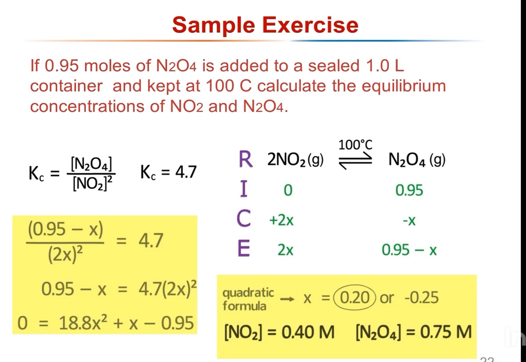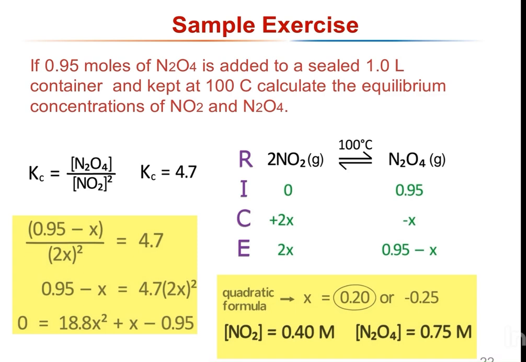Let's go to the RICE method. What exactly is RICE? In the RICE method, R is reaction, I is initial concentration, C is change in the concentration or change in molarity, and E is the molarity at equilibrium.